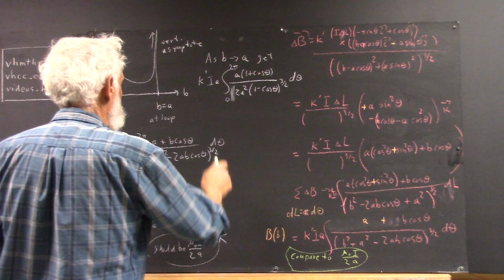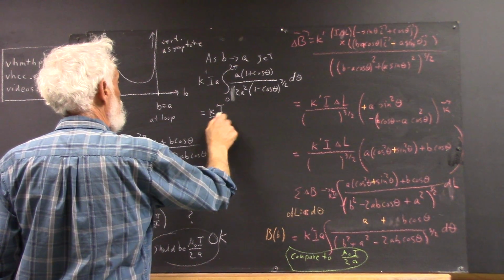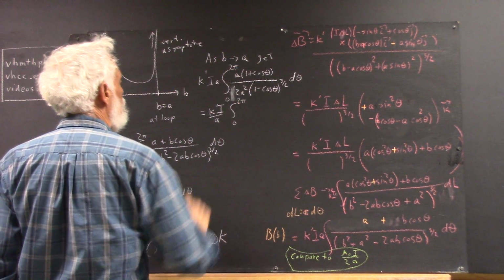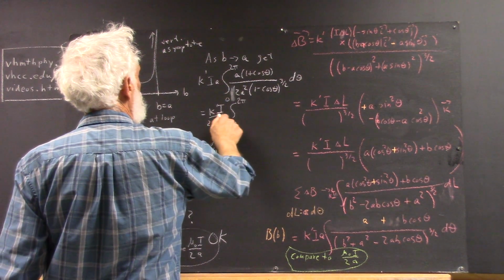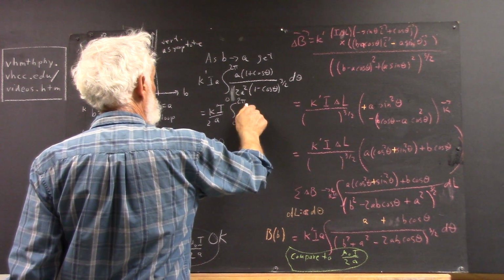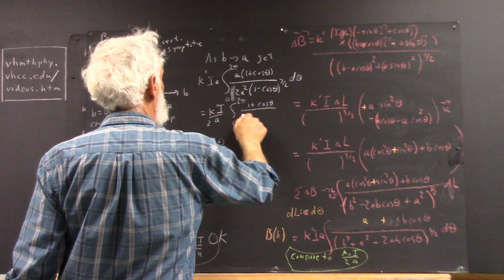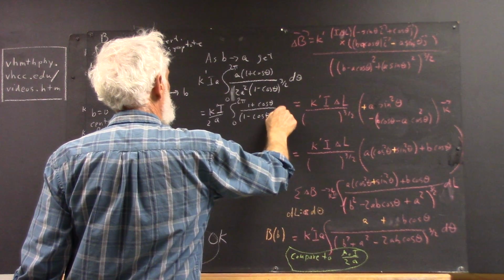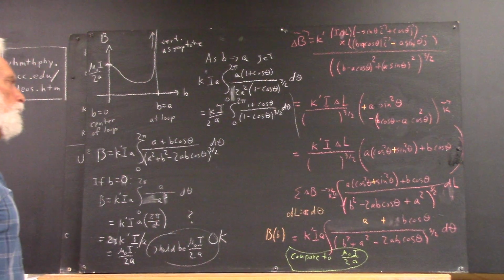Okay, so this becomes K prime I over A, which is perfectly okay. Integral from 0 to 2 pi of, well, and it's over 2A, 1 plus cosine theta over 1 minus cosine theta raised to the 3/2 d theta.